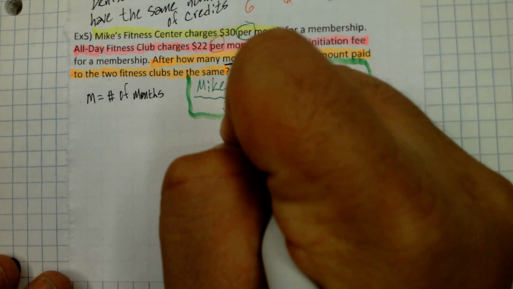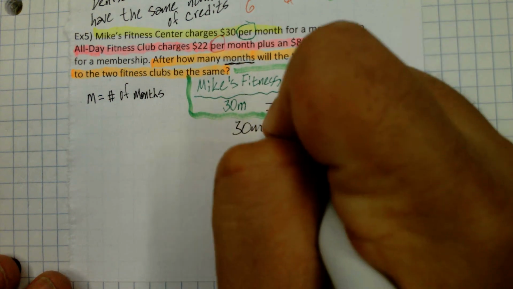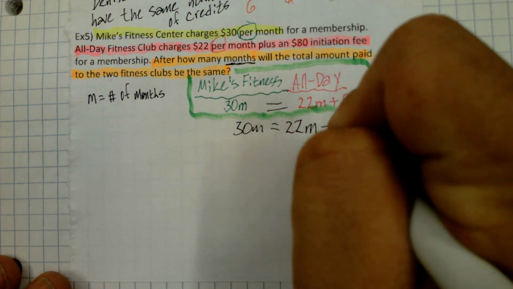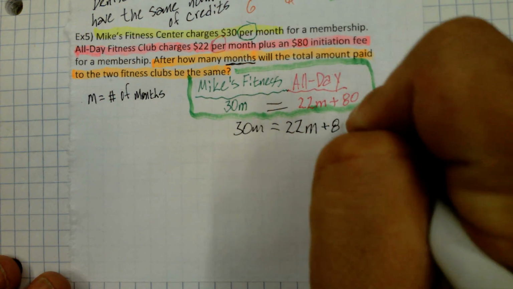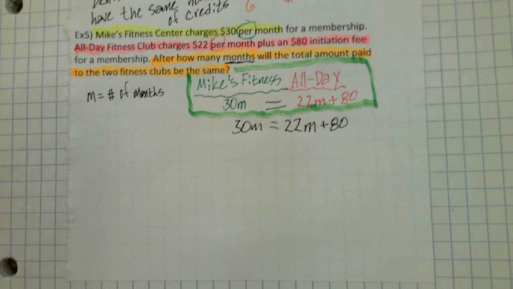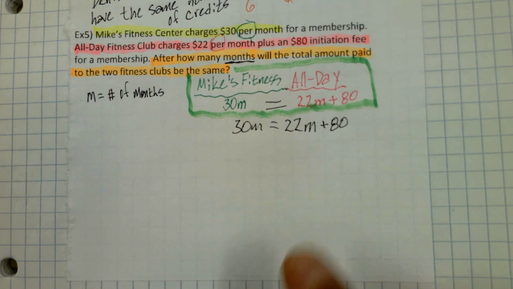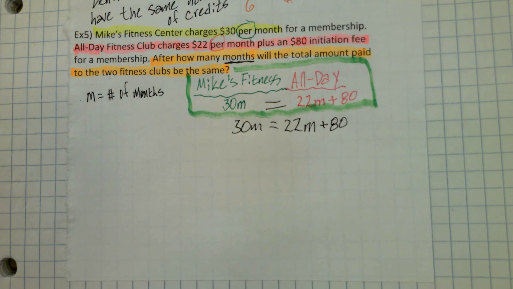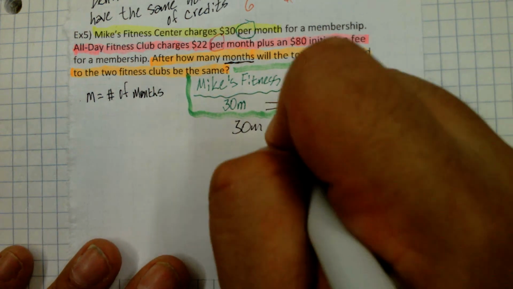Okay, so 30M equals 22M plus 80. We have variables on both sides, but I'm going to get rid of this 22. Let's subtract that away.